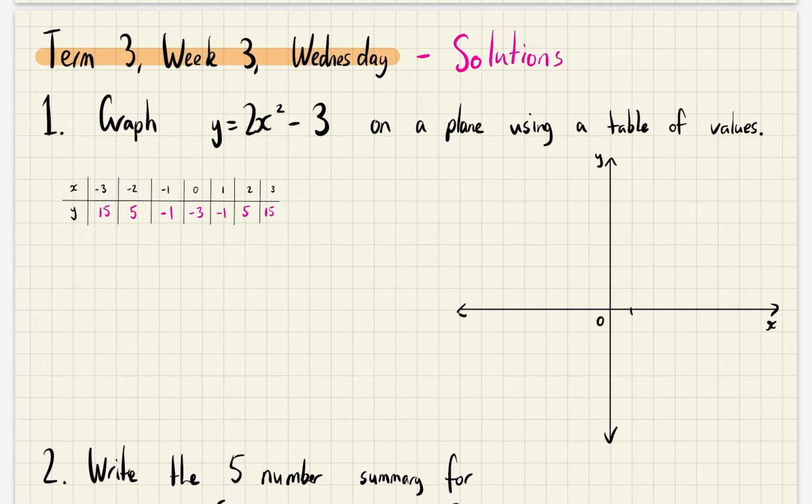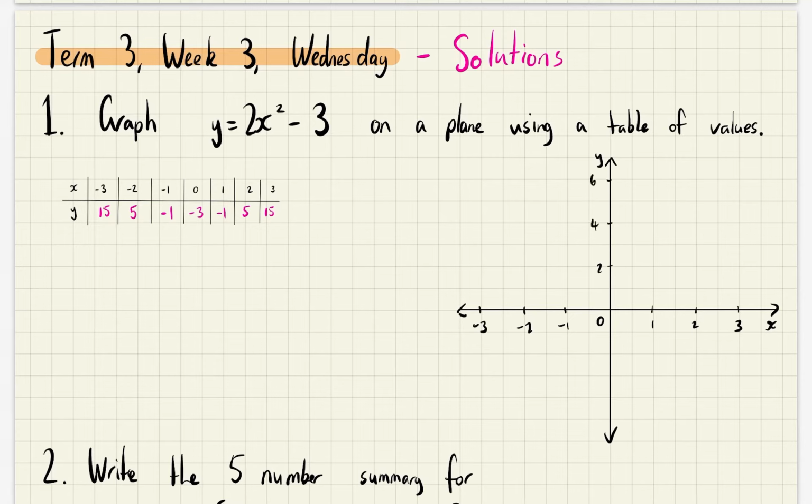I'm going to label the axes. For the x-axis I'm going to have 1, 2, 3, nice and spaced out so we can fit everything onto the graph. But when I'm going up, instead of going up by ones, I might go up every 2.